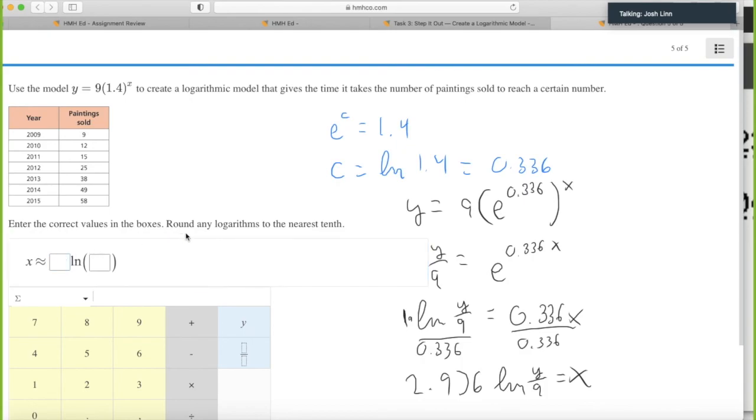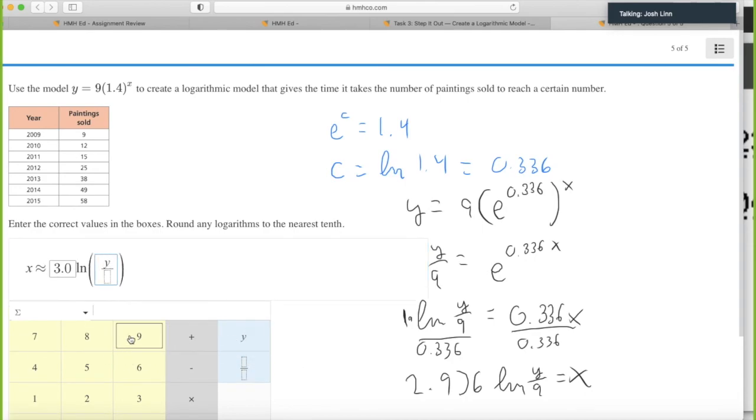So approximately, we should say, we did do some rounding. As soon as we converted this into a decimal, we rounded. So x is approximately, it says nearest tenth, 3.0 natural log of y over 9.